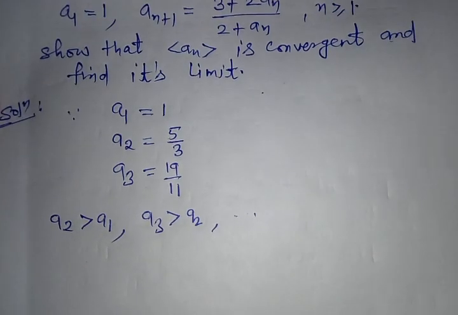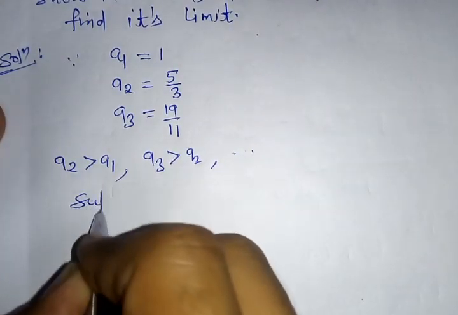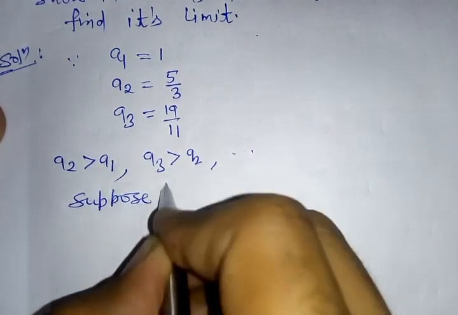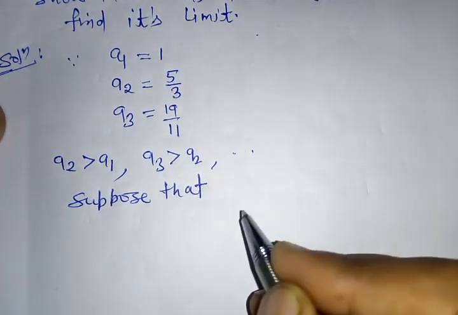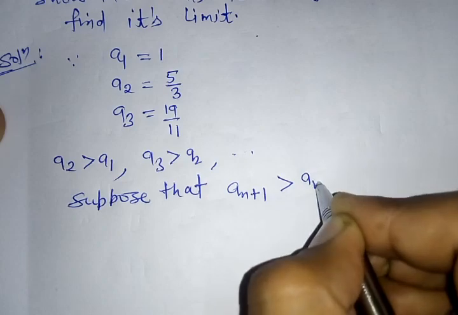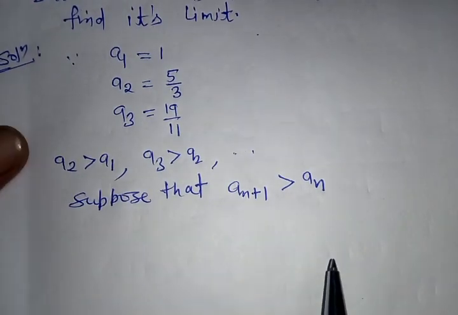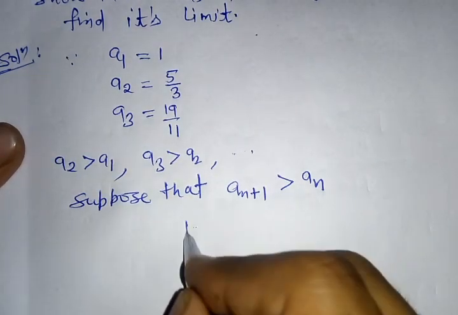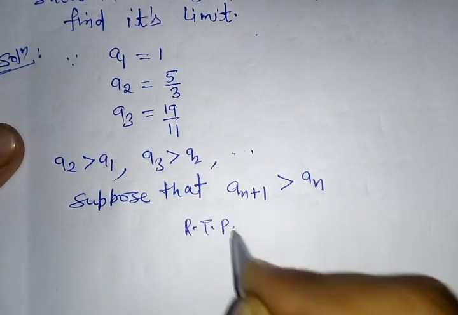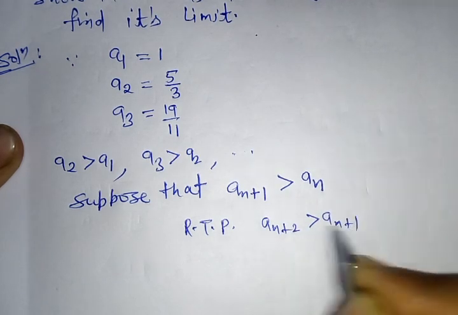So we will prove, suppose that an plus 1 is greater than an. Okay, an plus 1 is greater than an, then it is required to prove that an plus 2 is greater than an plus 1.